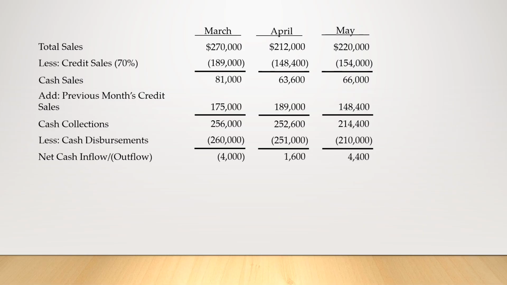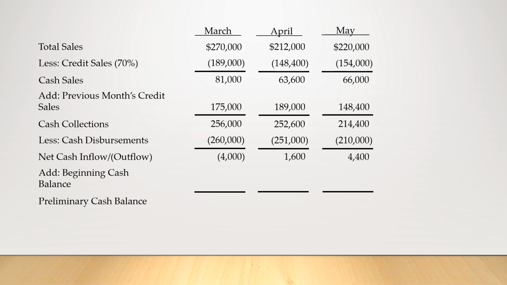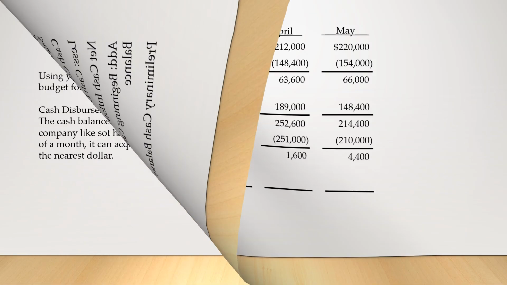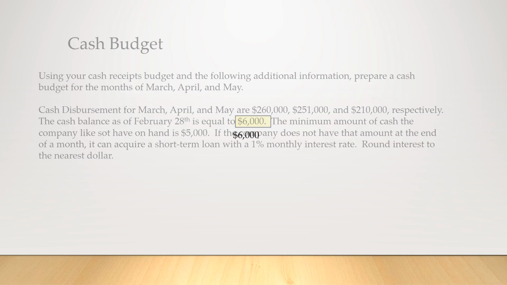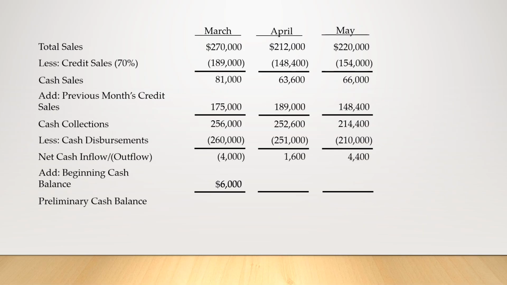Add the net cash flow to the month's beginning cash balance to arrive at a preliminary cash balance. The beginning cash balance for March is $6,000. Thus, March's preliminary ending cash balance is $2,000.